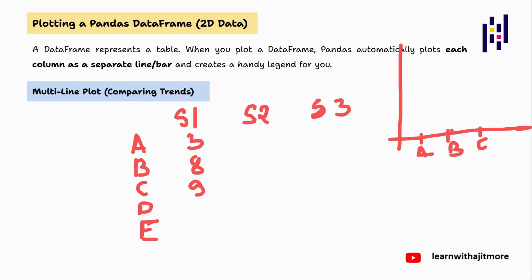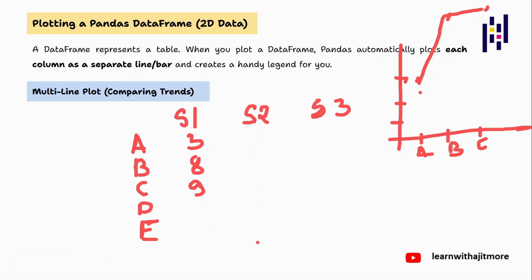These row labels act as X tick labels. And the Y axis will be the values. What values are there? 3, 8, 9. So it will be 1, 2, 3, like that. So A is 3, somewhere 3 is coming here. Then B is 8, so 8 may be somewhere here, 9 somewhere here. So this becomes one line for store 1.